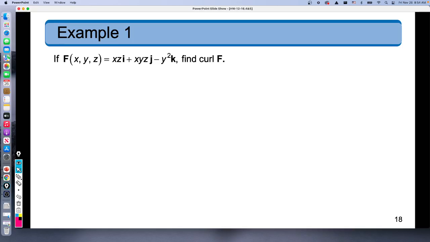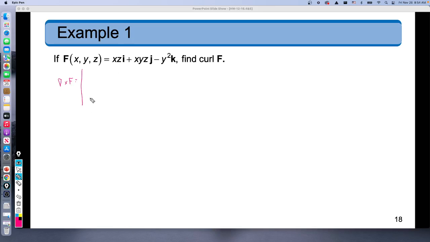Okay, so let's attempt this one, trying to find the curl of f if this is our function. And again, we could go back and just memorize that formula, but what we're going to do is find the curl, which is del crossed with f. So, a way to just do this out.